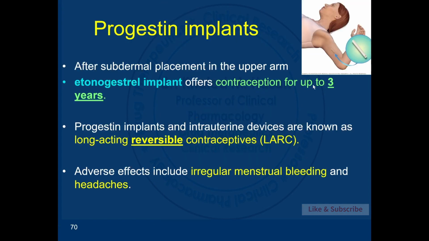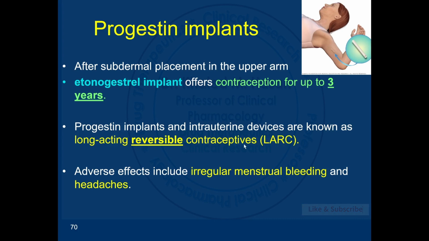Okay, progestin implant. As you can see in the picture here with the references, after subdermal placement in the upper arm, we have progestin only. This is the etonogestrel implant. This will provide contraception for 3 years. This is a long-acting reversible contraceptive, LARC.